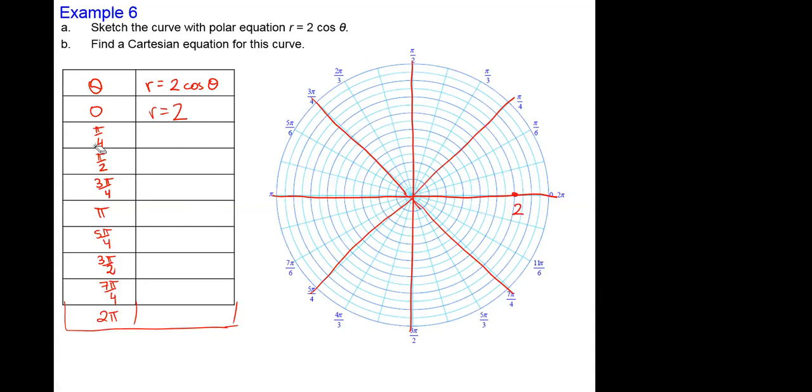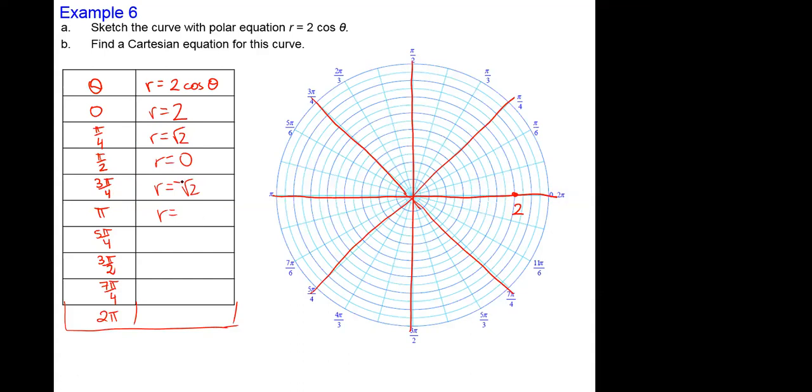Okay? Now, cosine at 45 is square root of 2 over 2, times 2 is just square root of 2. Cosine for 90 is 0. And then for 3 pi over 4 will be negative root 2 over 2, but the 2 is gone from the denominator. Cosine for pi is again 0. Am I right?